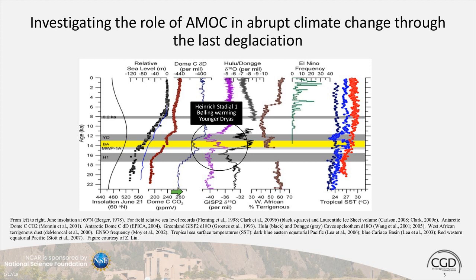However, it also shows a rich millennial scale variability in some of these climate proxy records, punctuated by abrupt warmings and coolings, such as this cold period known as Heinrich Stadial 1, and then a warming to the Bølling warm period, and then another return to cold conditions in the Younger Dryas.